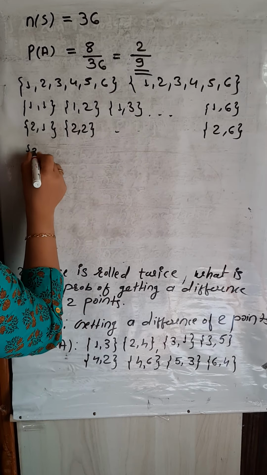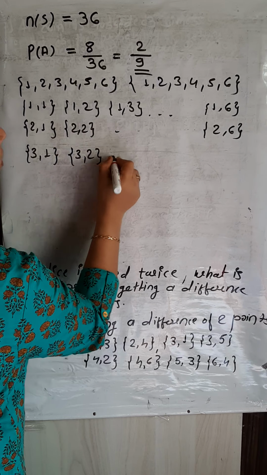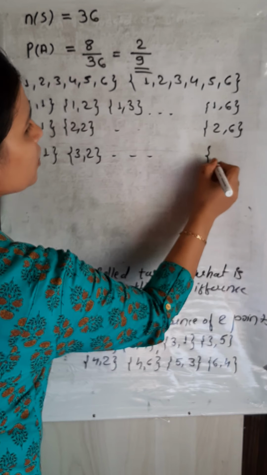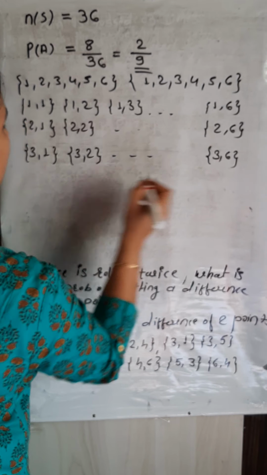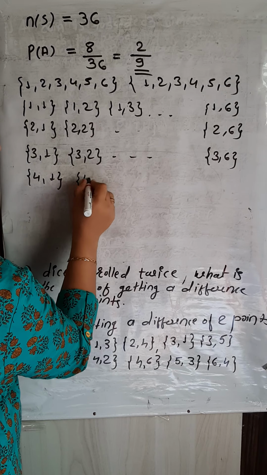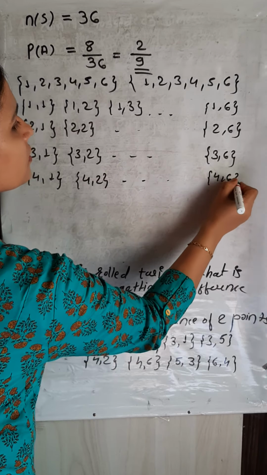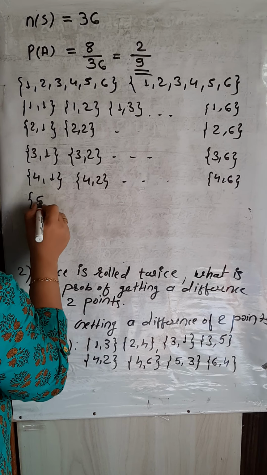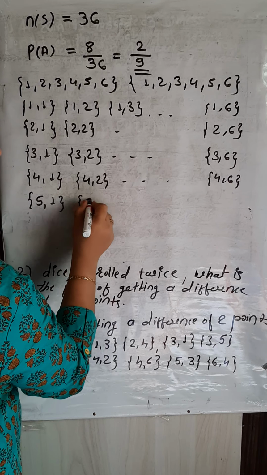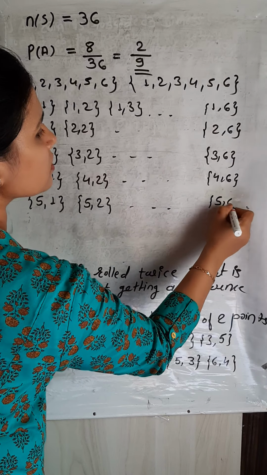Then 3 comma 1, 3 comma 2, so on up to 3 comma 6. Then 4 comma 1, 4 comma 2, so on up to 4 comma 6. Then 5 comma 1, 5 comma 2, so on up to 5 comma 6.